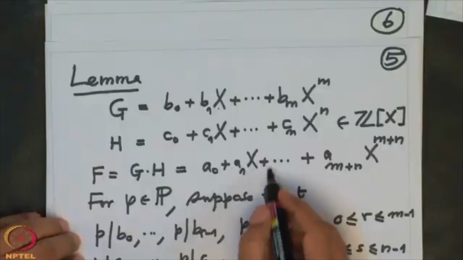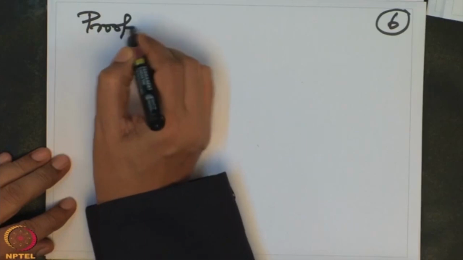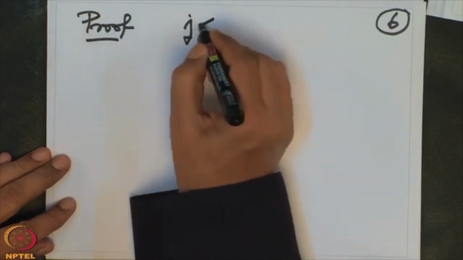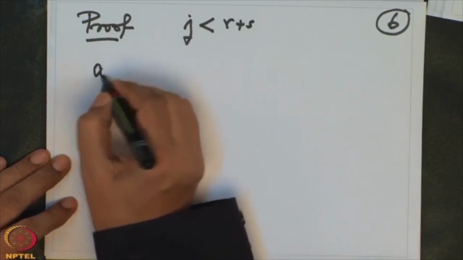Okay, so let us compute the coefficient. I want to write down a formula for Aj. So take any coefficient Aj. For the proof, if j is smaller than r plus s, then what is Aj?